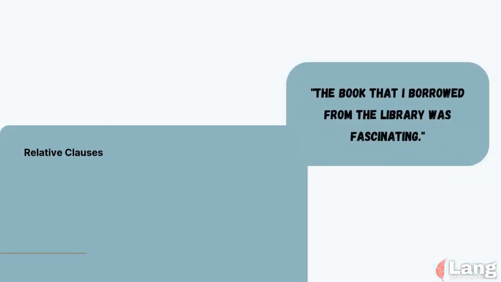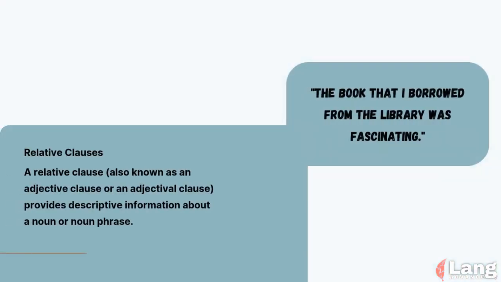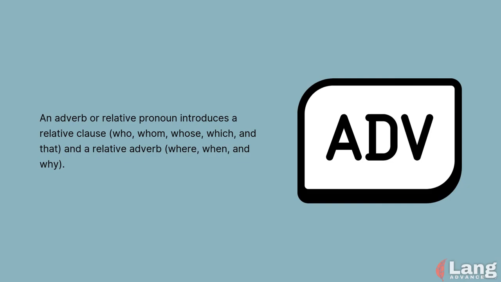Relative clauses. A relative clause, also known as an adjective clause or an adjectival clause, provides descriptive information about a noun or noun phrase. A relative pronoun or relative adverb introduces a relative clause: who, whom, whose, which, and that, and the relative adverbs where, when, and why.